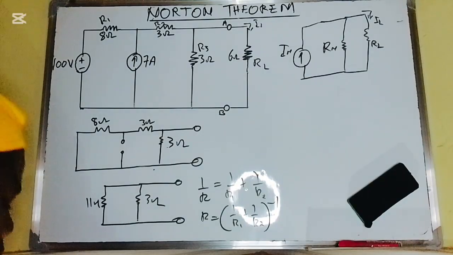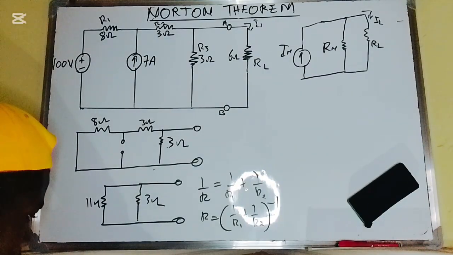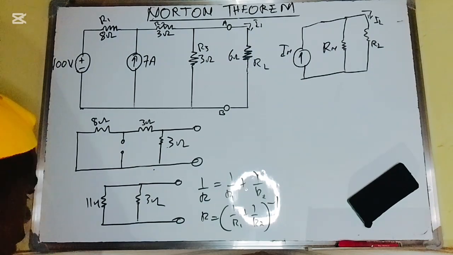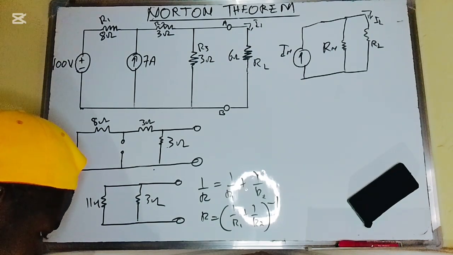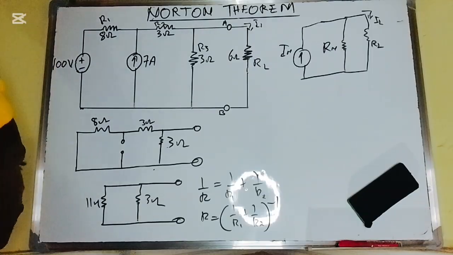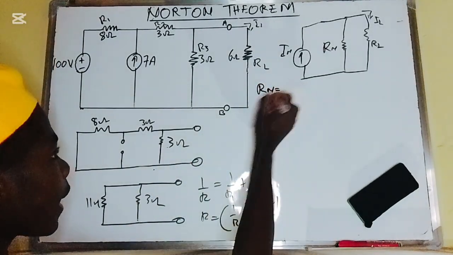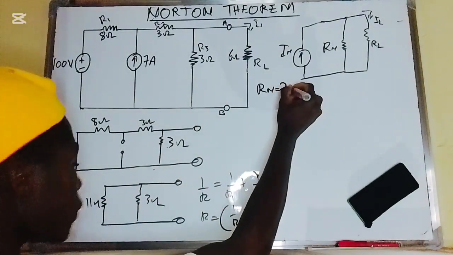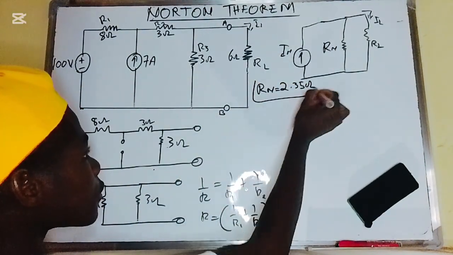The value of R should be 1 over 1 over 11 plus 1 over 3, all to the power of -1. So this should now be 2.35. So the equivalent RN, the Norton's resistance, should now be 2.35 ohms.